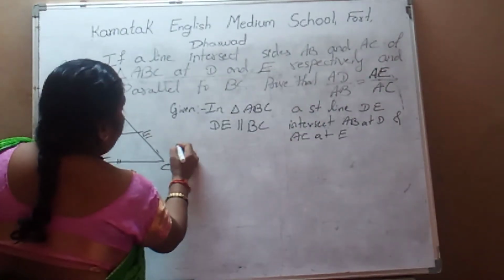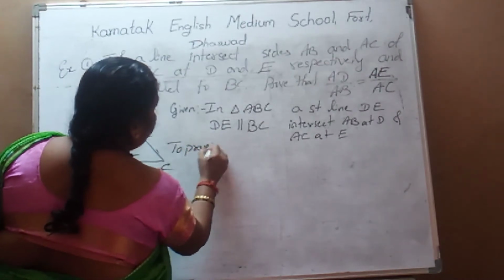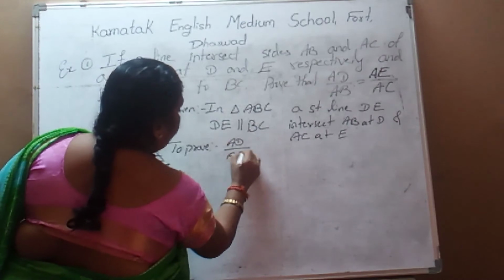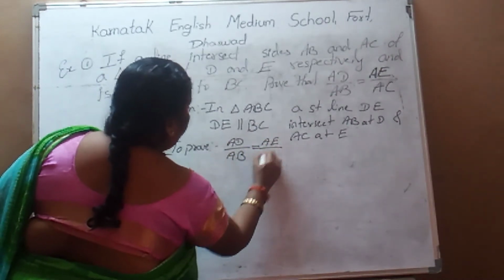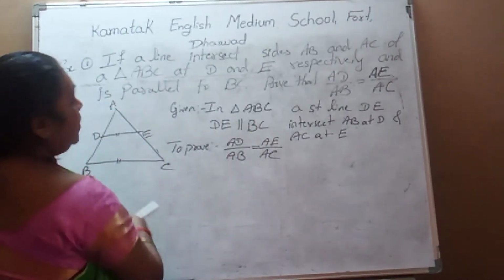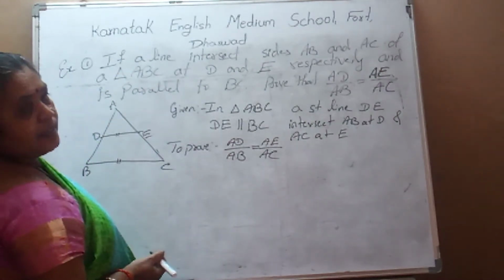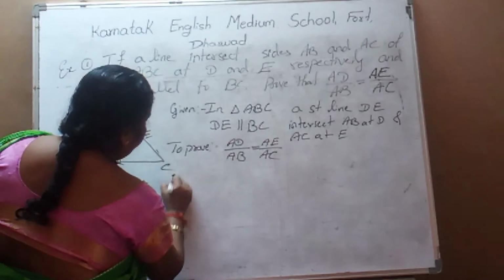Then what can you prove here? To prove: AD divided by AB equal to AE divided by AC. So, it is very easy. Proof.